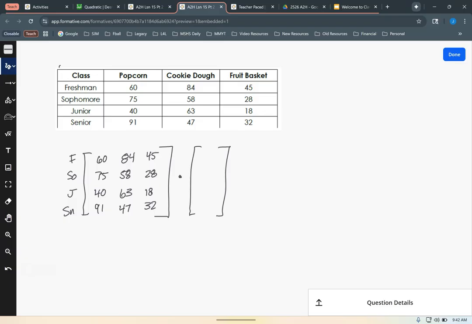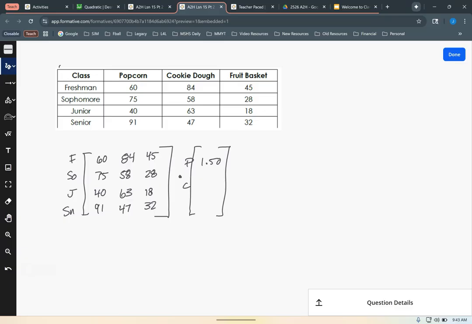Okay. So our bags of popcorn, they make $1.50 on. That's 15% of the cost for each one. So how much do they make on the cookie dough? Okay, so 15% of what?